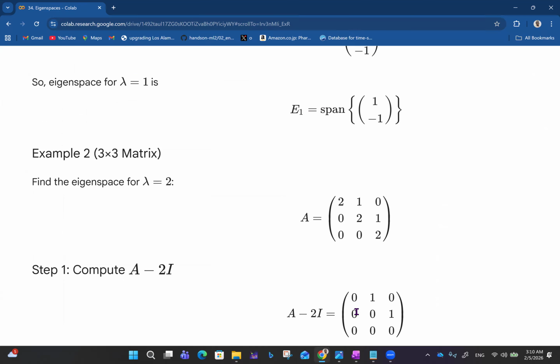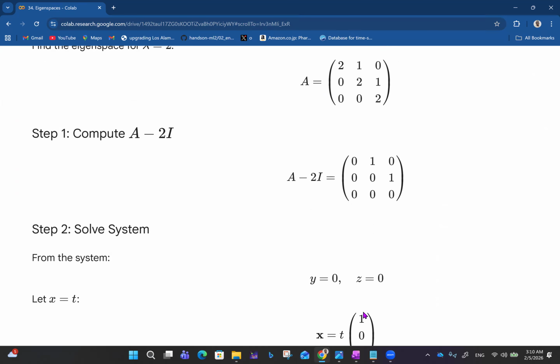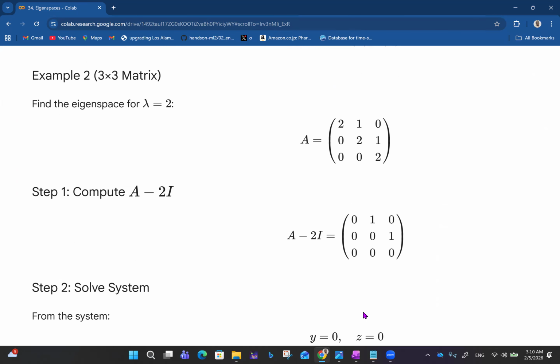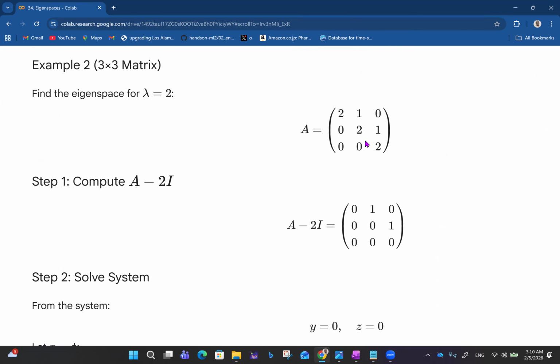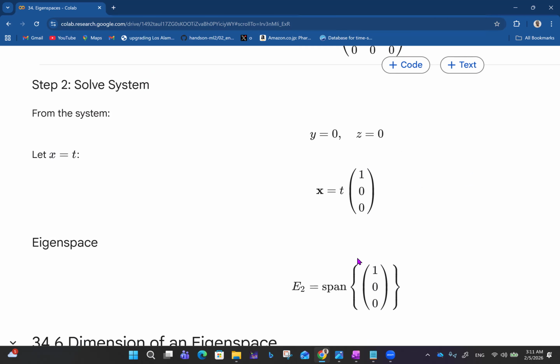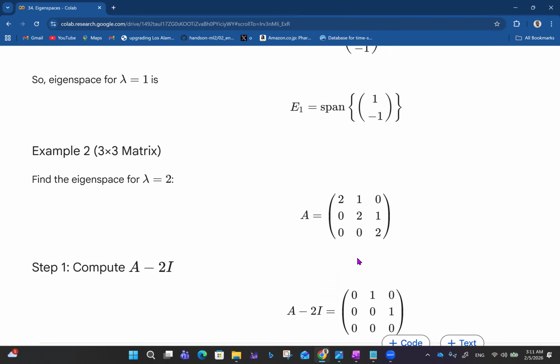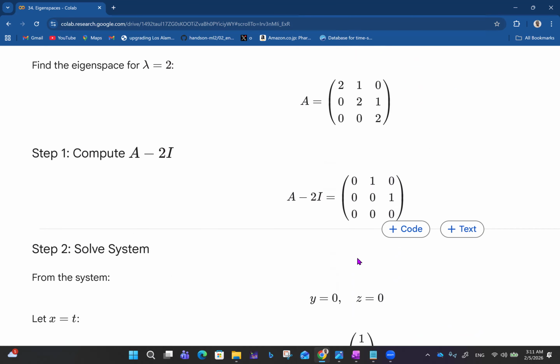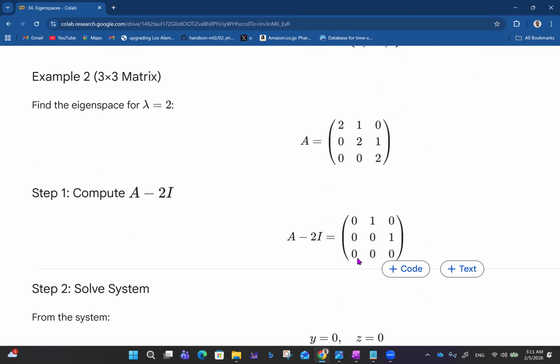So now we have a 3 by 3 matrix, and you can easily read off the eigenvalues. You have 2, 2, 2 here as the eigenvalues even without trying too much. So you want to compute A minus 2I, that would be 0 1 0, 0 0 1, 0 0 0 like that.